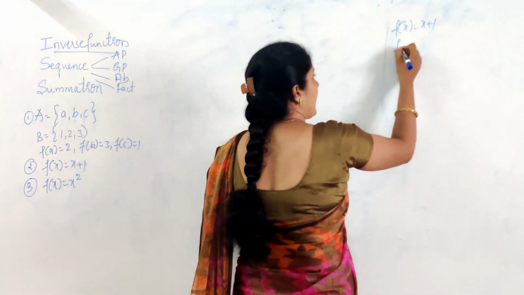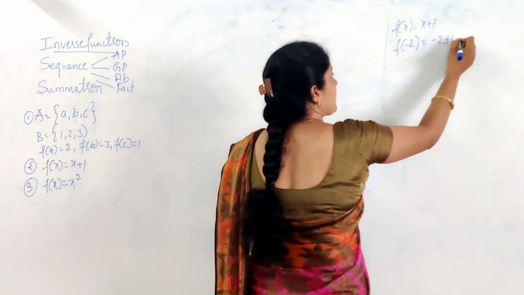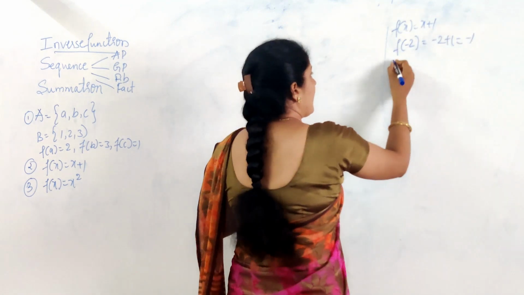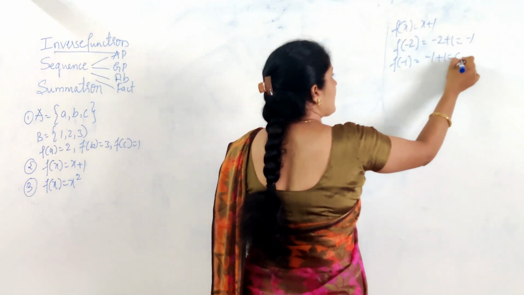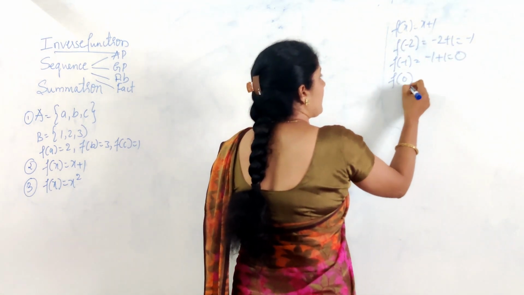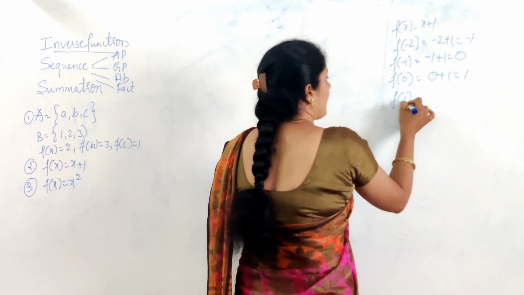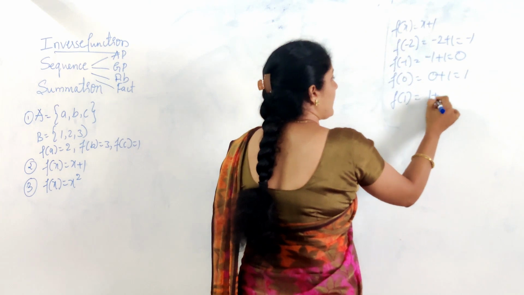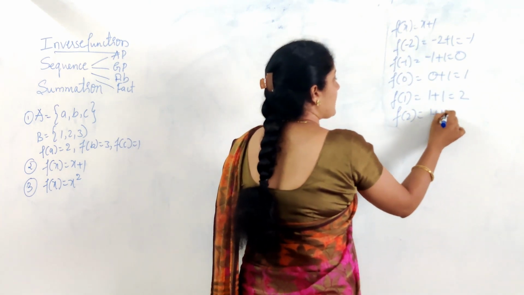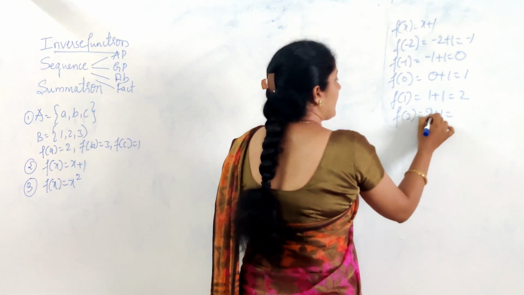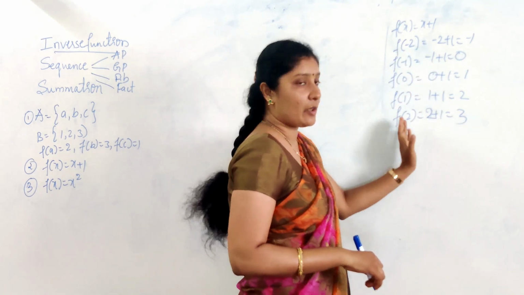Let us put some values. f of minus 2 will be minus 2 plus 1, that is minus 1. f of minus 1 would be minus 1 plus 1, that is 0. f of 0 is 0 plus 1, that is 1. f of 1 means 1 plus 1, that is 2. f of 2 will be 2 plus 1, that is 3. So we got the respective function values.